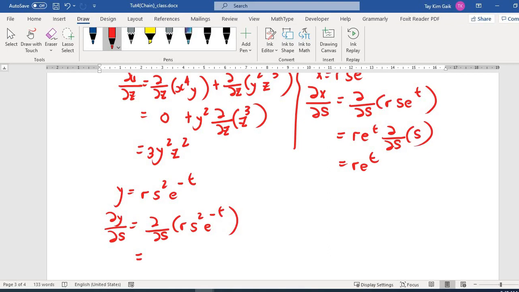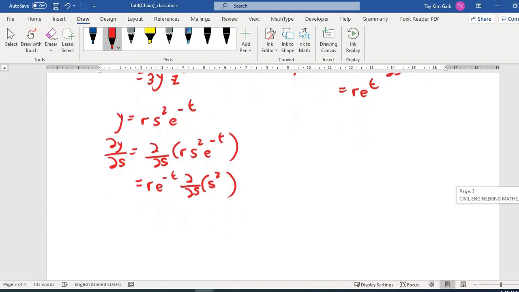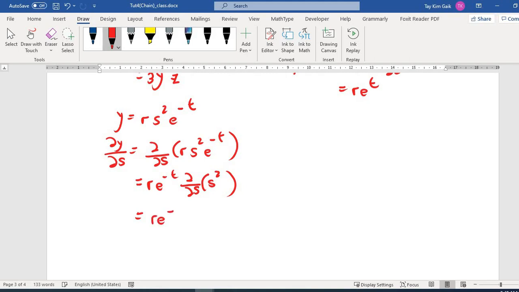Factor out r to the power negative t, and then ∂/∂s of s^2 is 2s. So 2 r s to the power negative t.